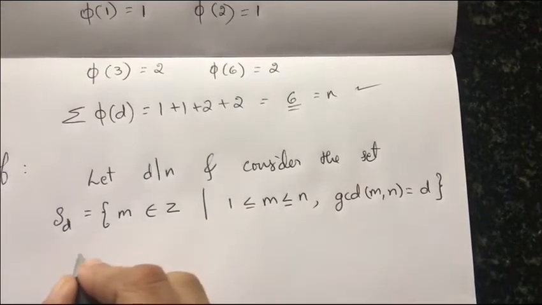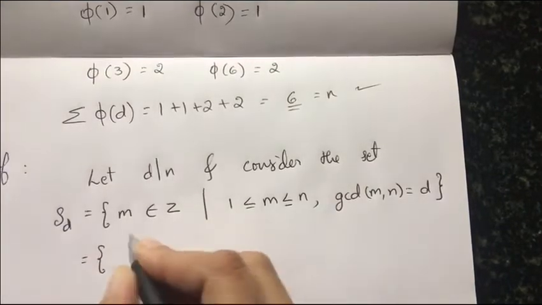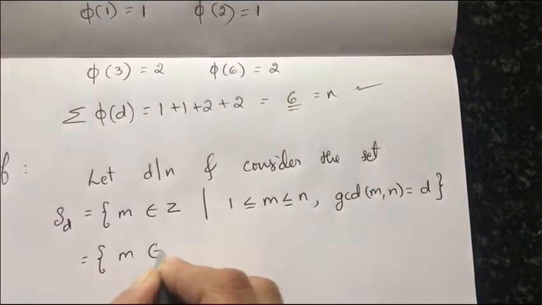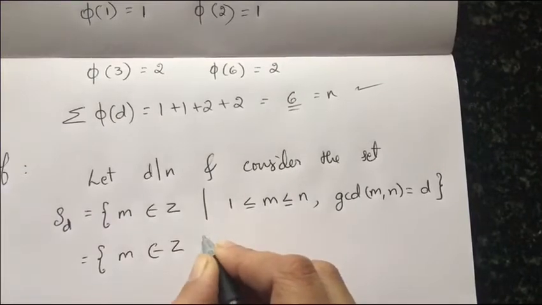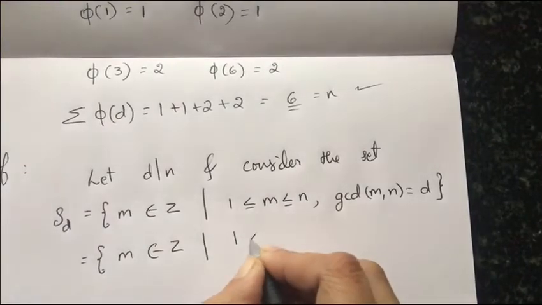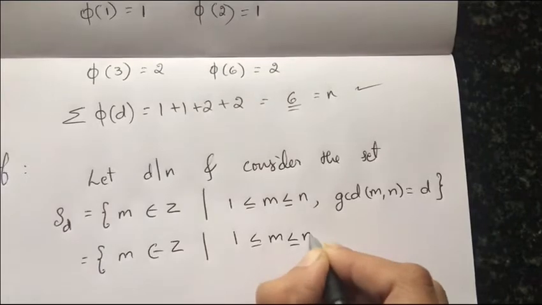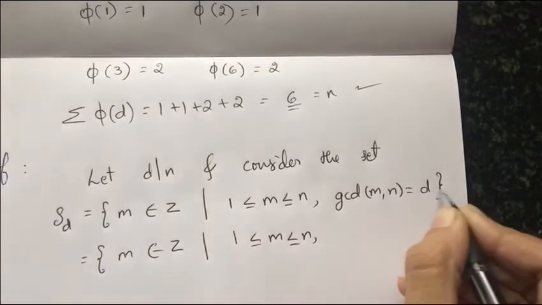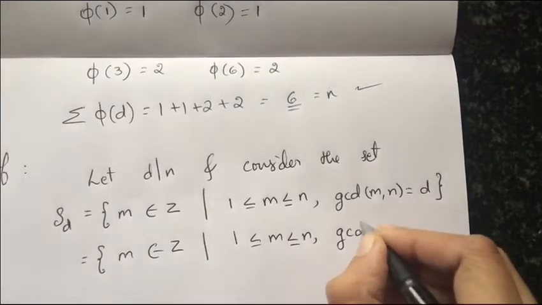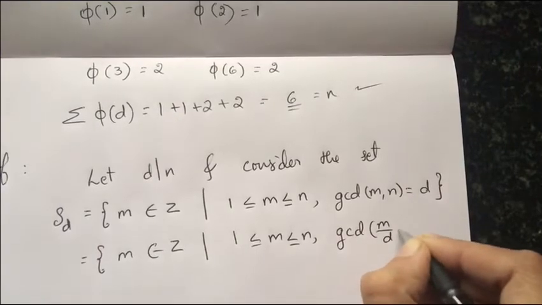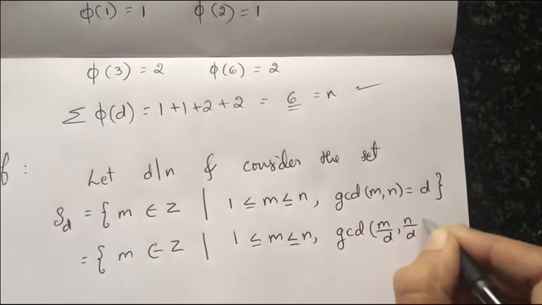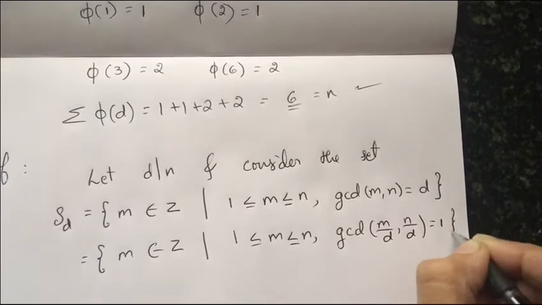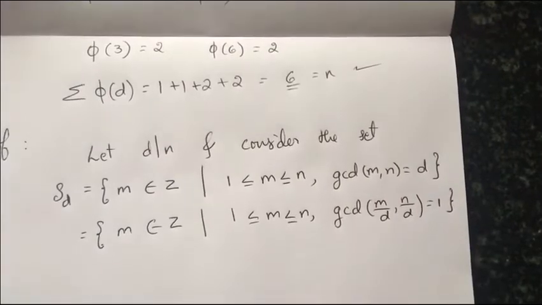Now, I can rewrite this set as the set of all integers m such that 1 is less than or equal to m less than or equal to n, and the GCD of m by d comma n by d equals 1.